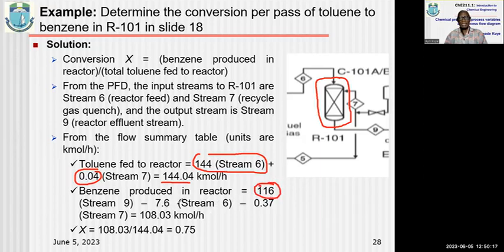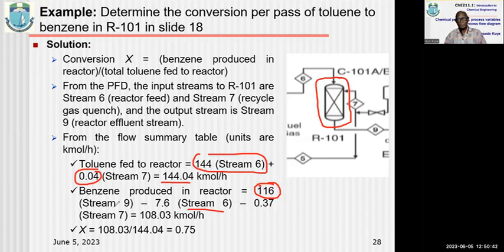But if you look at that summary table, you will also see that there is a little bit of benzene in stream 6. So we need to subtract that, that's 7.6. There is also a little bit of benzene in stream 7.